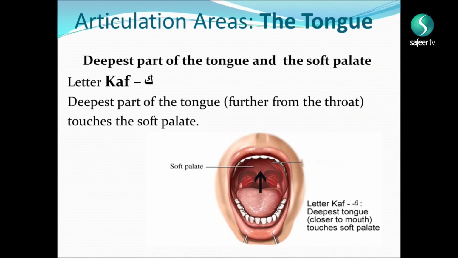The deepest part of the tongue and the soft palate, so we have the letter kaf. The deepest part of the tongue, further from the throat, so it's toward our lips, touches the soft palate. And of course, here we use too much hard palate in the letter kaf. So we say ak, ak, ak, ak.